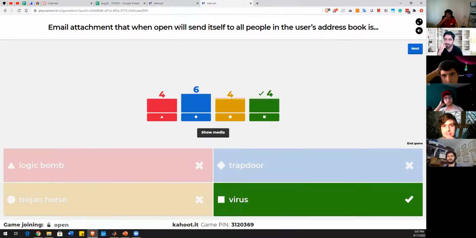Anyone want to argue their wrong answer? Well, I thought it was a logic bomb because it gave a condition for the virus to send to the user's address book, so I thought the condition automatically made it a logic bomb.